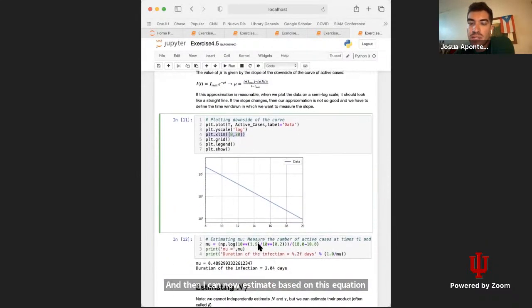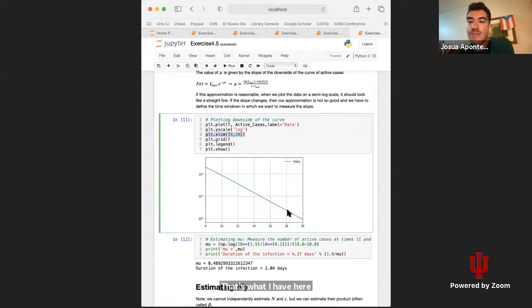So what I do is pick one value on an earlier part of the curve. In this particular case, I chose time 10, and I see that the value at time 10 is 10 to the 1.9. That's what I have here.